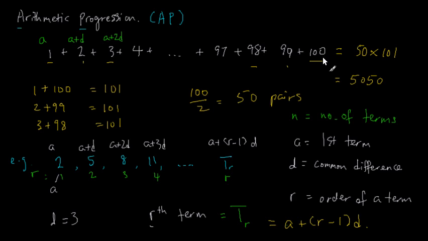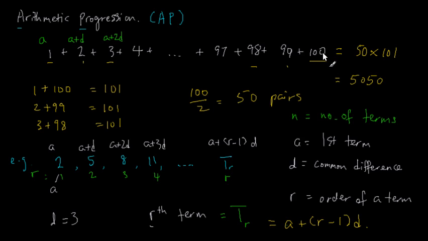So the last term is, if I use the formula for Tr, I can think about the r here as the n. Okay, if n is the number of terms, n is also the ordering number for the last term. So first term, second term, and so on until the number 100 term, or the nth term.